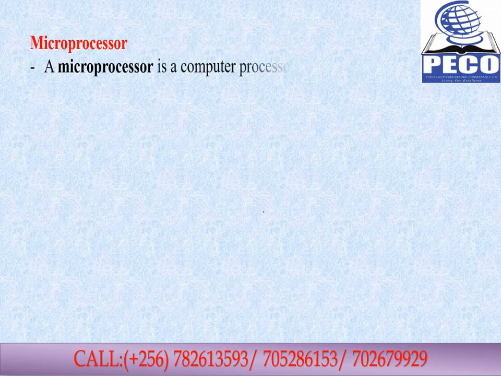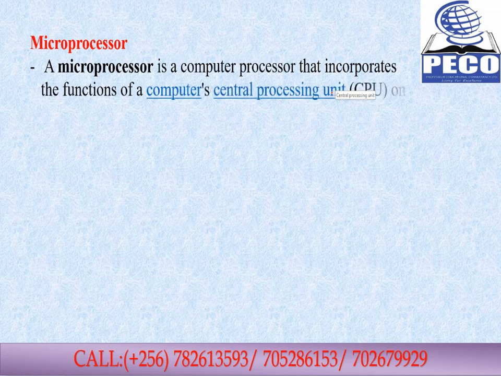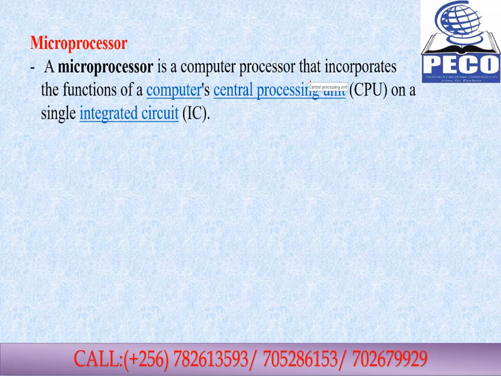Now, microprocessor. A microprocessor, or the CPU, is also found within the very system unit. A microprocessor is a computer processor that incorporates the functions of a computer's central processing unit on a single integrated circuit.